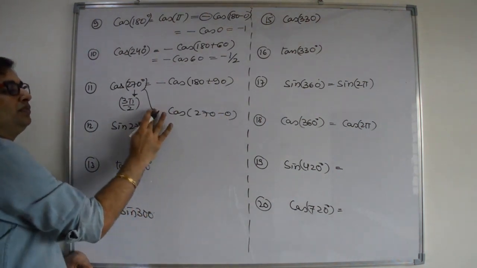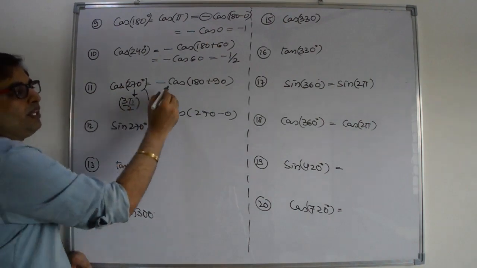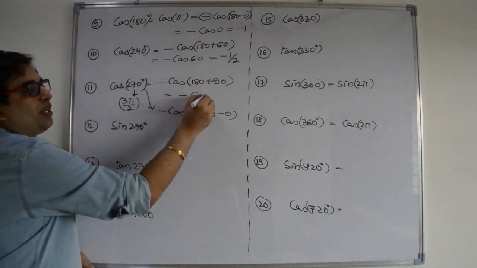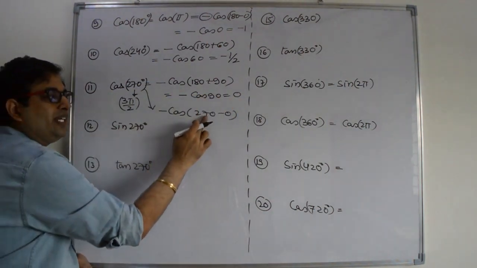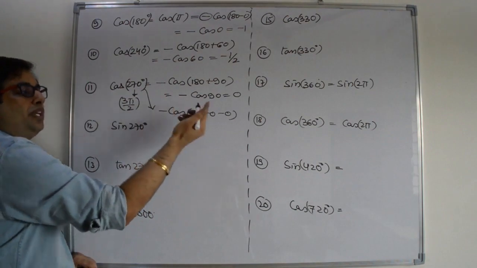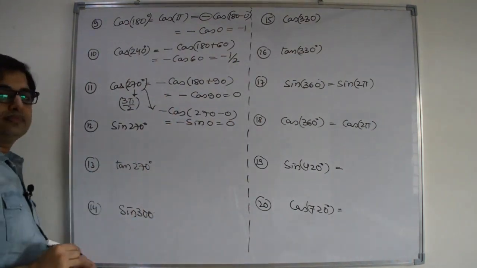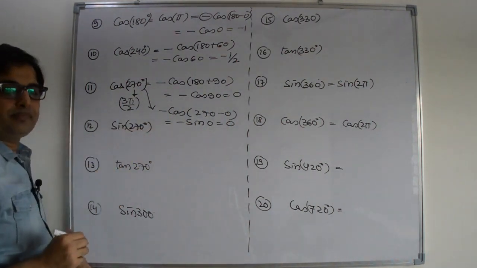This is also one of the ways to represent 270. For 180 degree, it will remain equal to cos. So cos 90, that is equal to 0. For 270 degree, we have to change cos into sine. So it is minus sine 0, again 0. Got it?